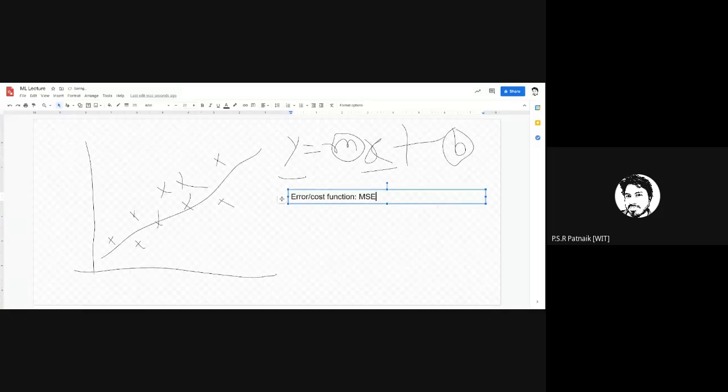Mean squared error. If I have an equation of the form y is equal to mx plus b, I want to guess m and b. These are the parameters I want to guess, so my entire code will revolve around trying to guess this m and b.